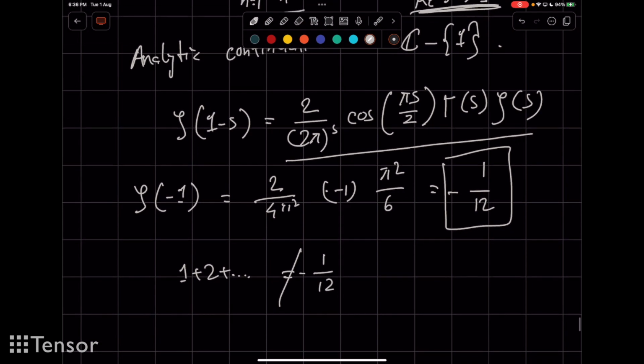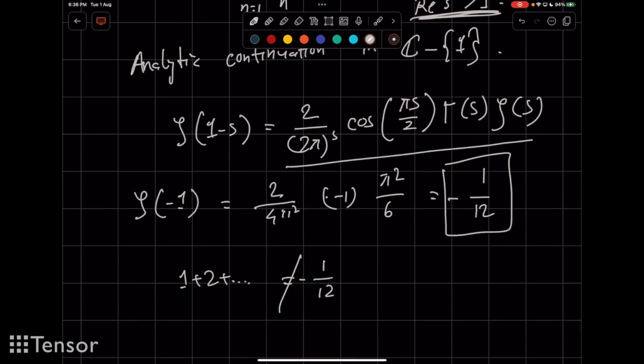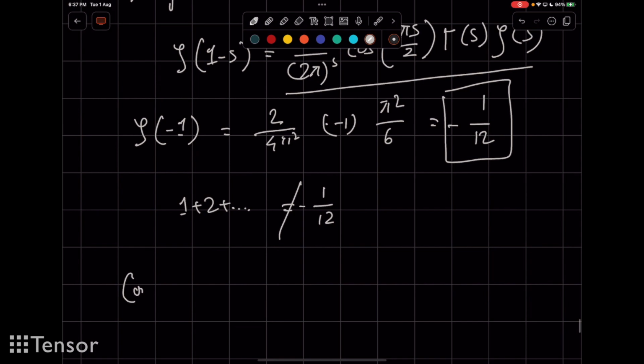And we can make this functional equation look way cleaner if we define the completed zeta function. So what is the completed zeta function?